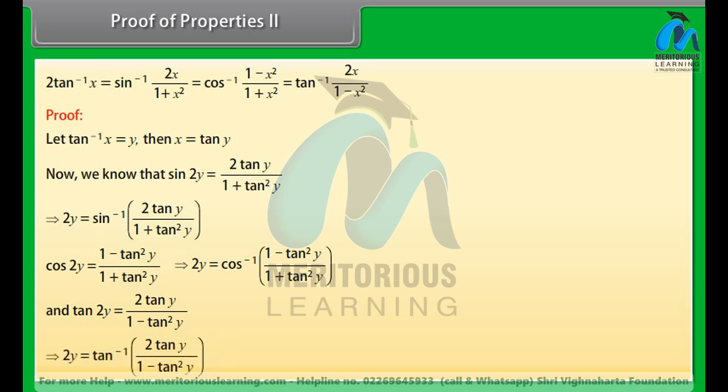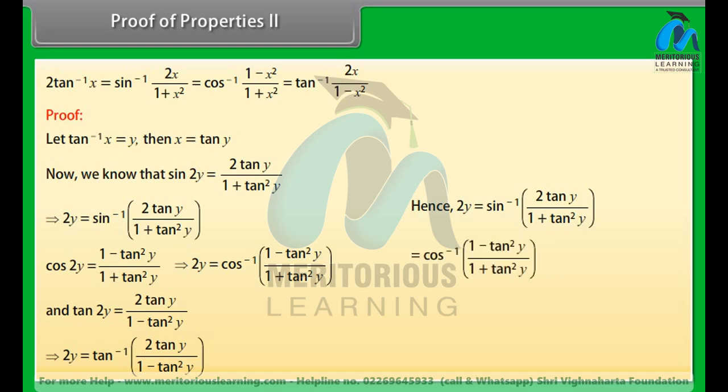It implies that 2y is equal to tan inverse 2 tan y by 1 minus tan square y. Hence, 2y is equal to sin inverse 2 tan y by 1 plus tan square y, which is equal to cos inverse 1 minus tan square y by 1 plus tan square y is equal to tan inverse 2 tan y by 1 minus tan square y.